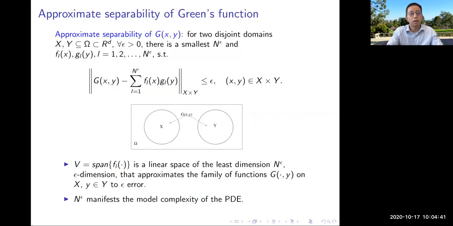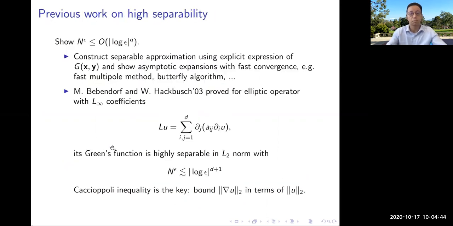Okay, so previous work, there is quite a lot, because this is directly related to developing fast algorithms. Most of the time, in the old days, the most popular approach was to show it is separable, highly separable, by constructing an approximation, using the well-known polynomial basis, or a Fourier basis.